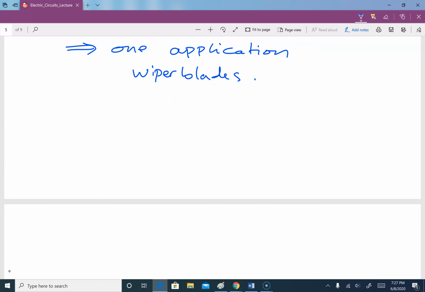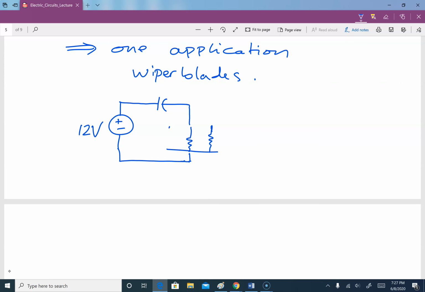What we mean by that: if I have the voltage of the car here, I have, let's say, a capacitor over here, then we can have a resistor bank. That is one resistor. This is, let's say, the second resistor, and this is the third resistor.